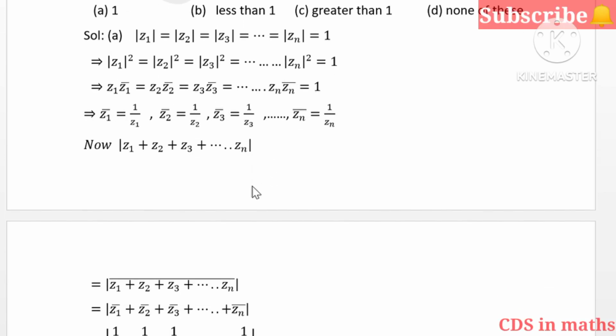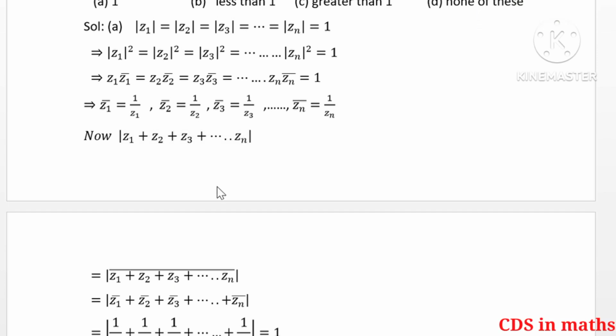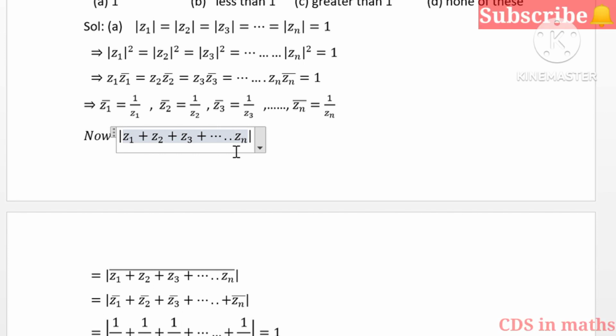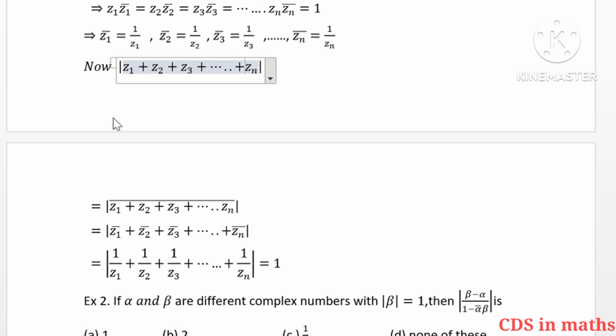Now they are asking for the mod of this sum. So mod of z1 plus z2 plus up to zn. I can write it using the second property: mod of z and mod of z bar are equal.